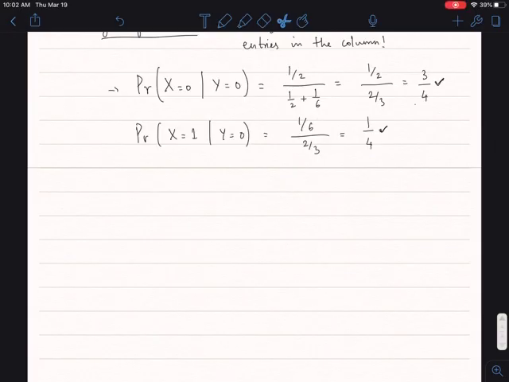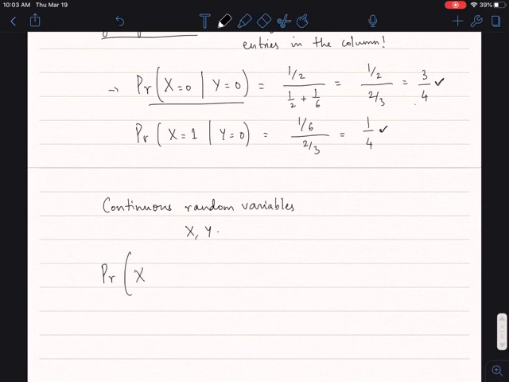Let us now see the continuous analog of conditional distributions. Okay, and now let's look at the same probability that we did over here, which is the probability that x equals some s, conditioned on y equals 0.